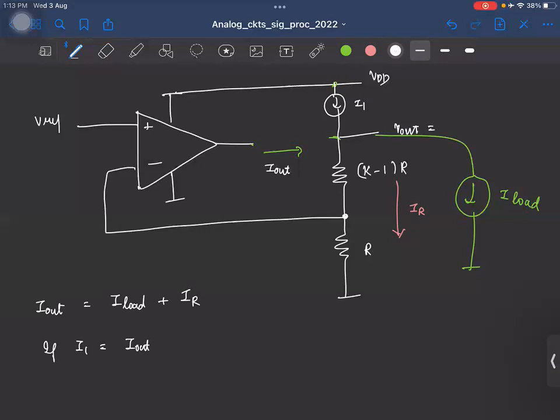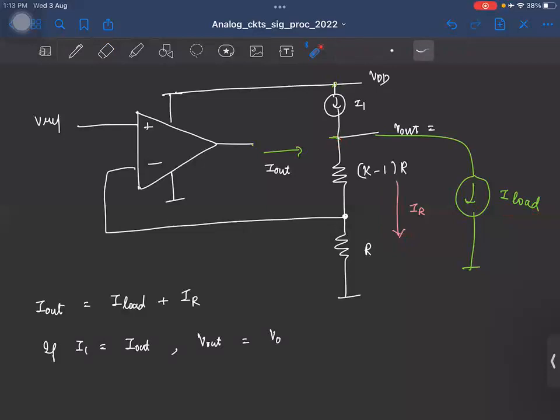That's fine. V out will be say some V naught. That's what you wanted. So basically, what I'm saying is you don't need to have this portion, and if you just have a current source I1 that is equal to the load current plus the current required in this branch, then V out will be what you want.